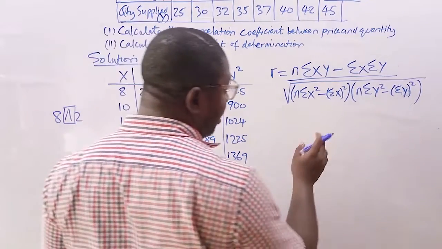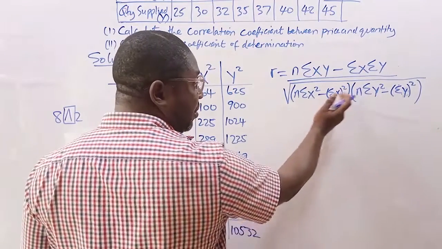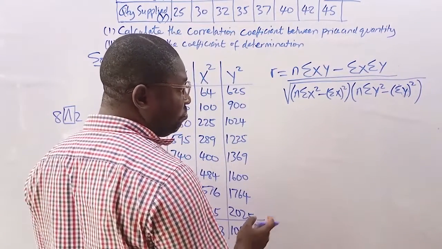So from what you're seeing, you realize that we have one part of this equation having the x's and one part of the equation having the y's.